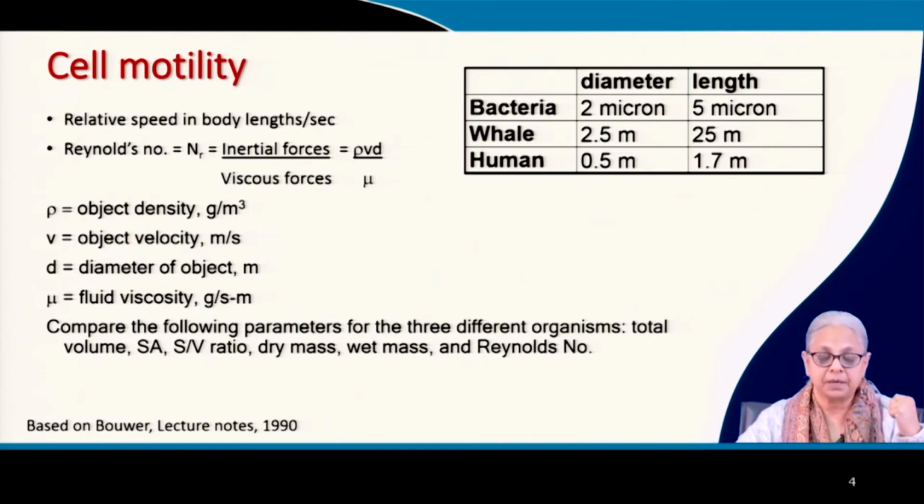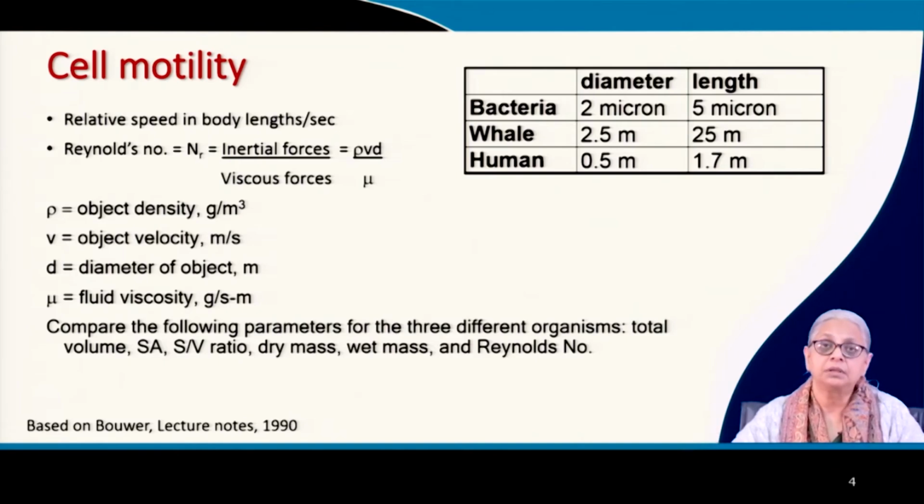The next parameter that we're calculating is based on Reynolds number. Those of you who are from civil engineering or any of the other engineering branches may know about Reynolds number. Reynolds number is abbreviated as Re or NR, depending on what source you're looking at.